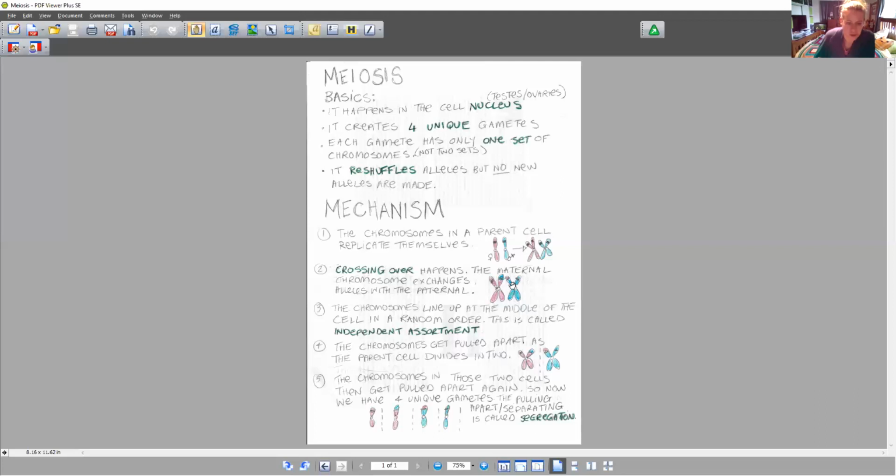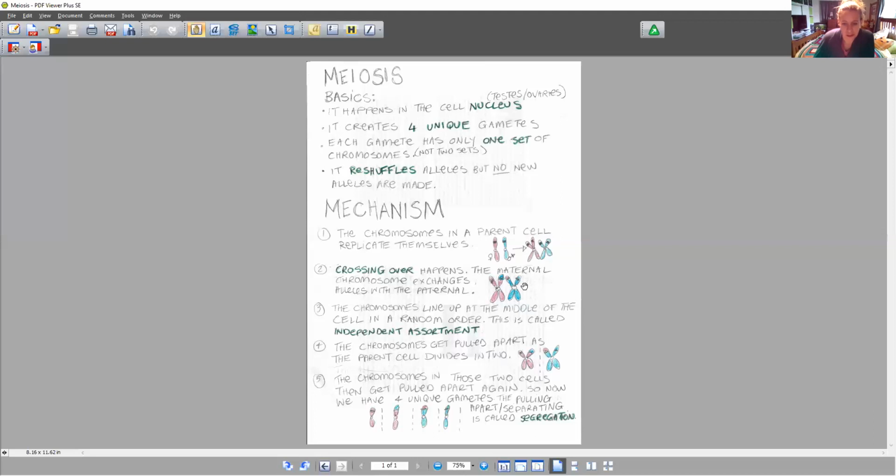Number 2. Crossing over then happens. This is when the maternal chromosome, the pink one, I've done it very stereotypically, exchanges genetic information with the paternal chromosome, the blue one.